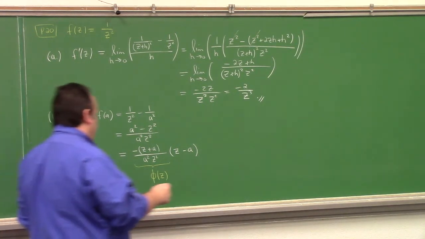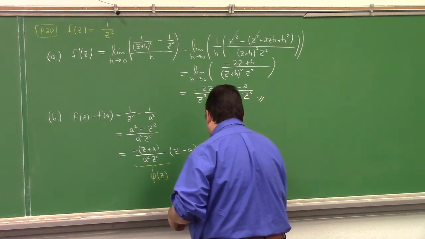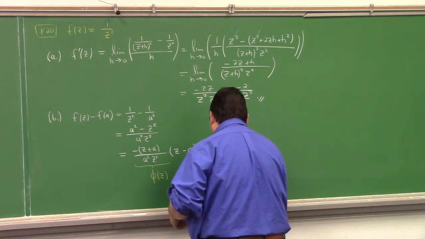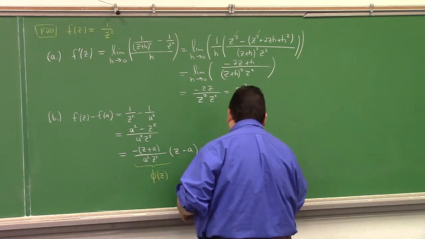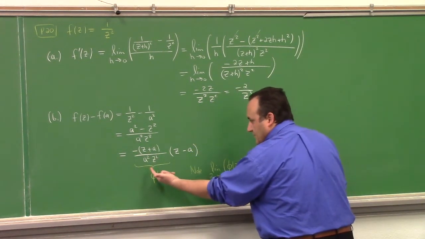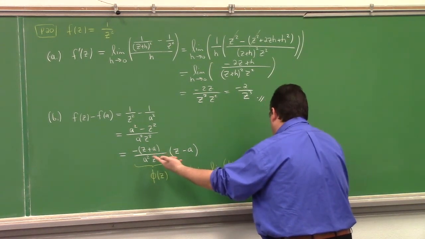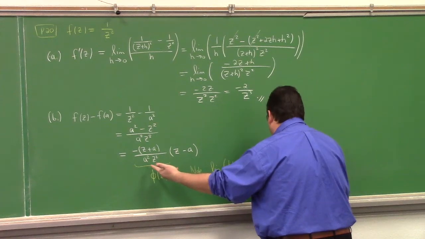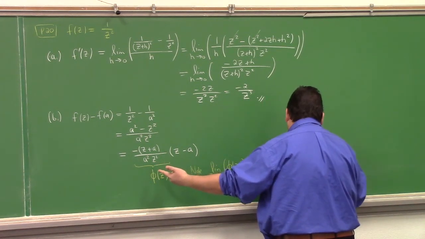Note the limit as z goes to a of phi of z, what is it equal to? See, there's no indeterminacy, right? You can just plug in a into that. We get minus 2a over a to the 4th, which, of course, is minus 2 over a cubed.